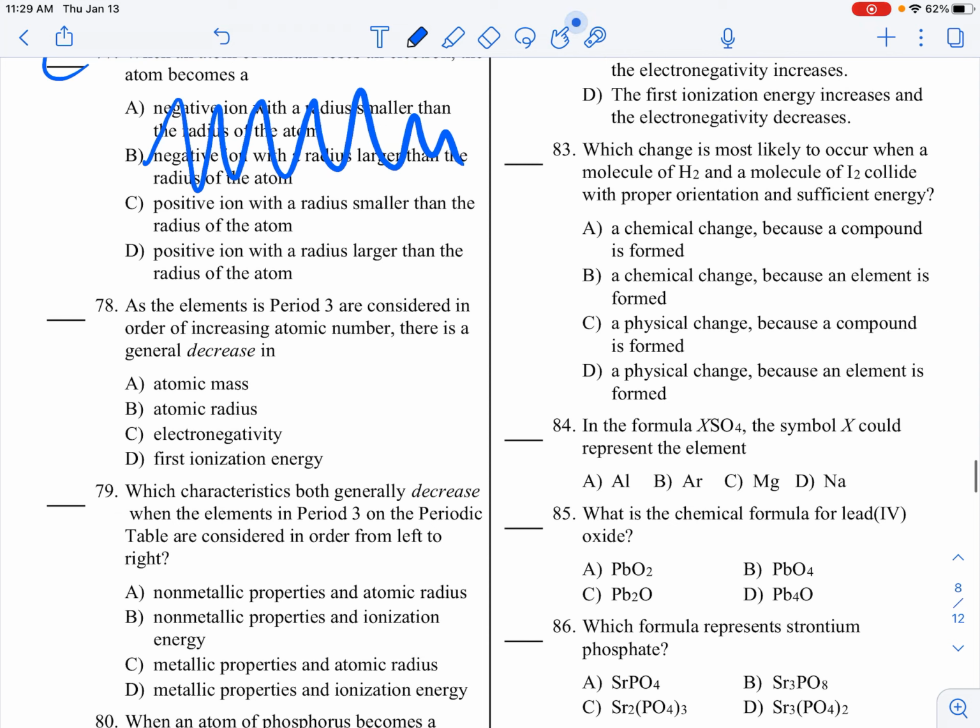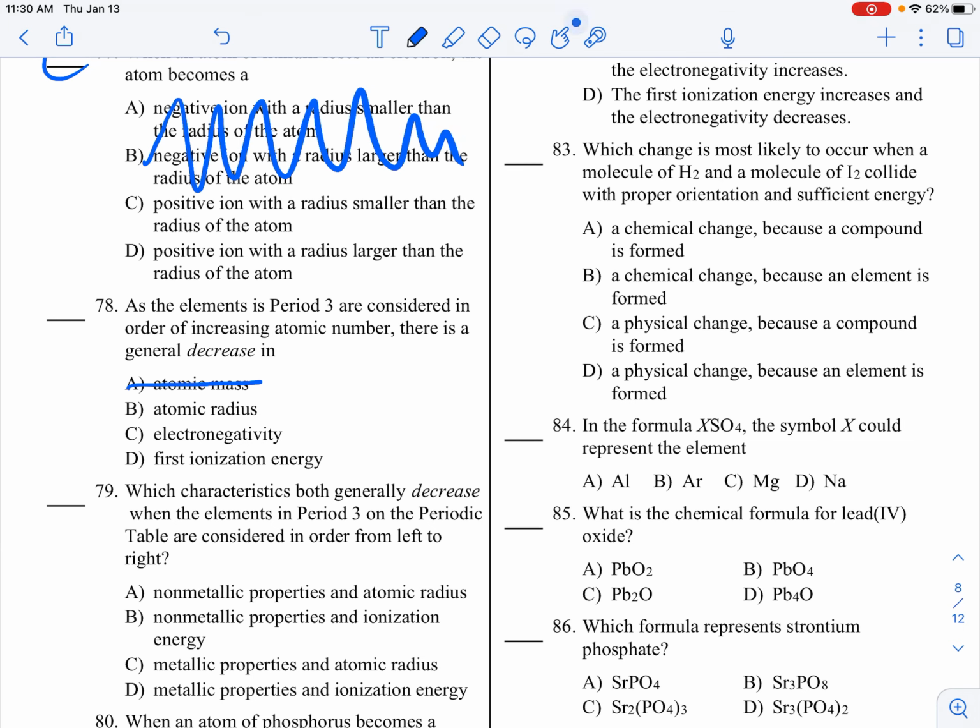As the elements in period 3 are considered in order of increasing atomic number, what is a general decrease in? Okay, so 78, period 3, I'm just looking at the periodic table. Atomic mass goes from 22.9, 24, 26, 28, so atomic mass increases. Atomic radius, I would have to take a look at Table S this time.